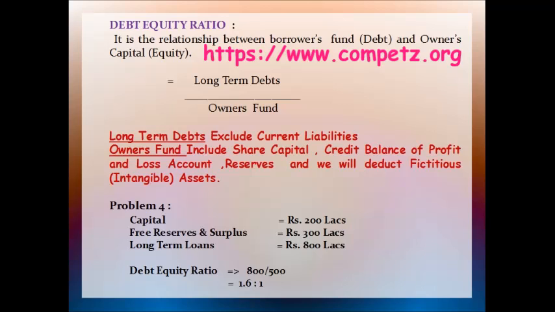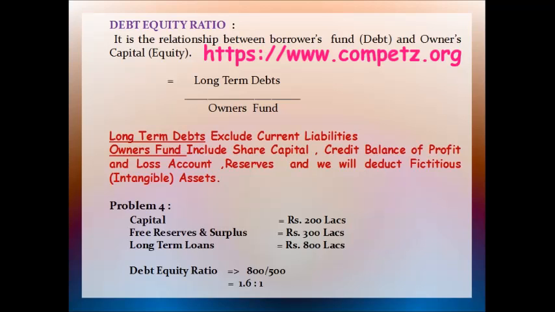So here in the problem, capital is given. Capital means share capital, maybe equity capital, maybe preference capital, maybe both. Then comes free reserves and surplus, then long term loans. Capital here is INR 200 lakhs, free reserves and surplus is INR 300 lakhs, and long term loans is INR 800 lakhs.